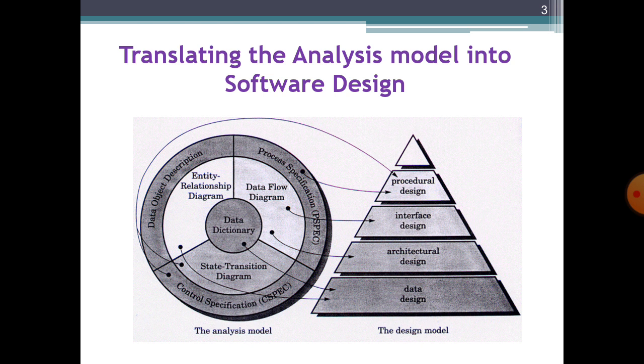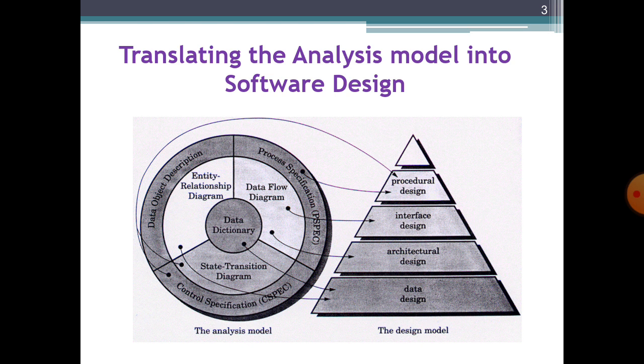So the interface design describes how the software communicates within itself, with systems that interoperate with it, and with humans who use it. An interface implies a flow of information and a specific type of behavior.